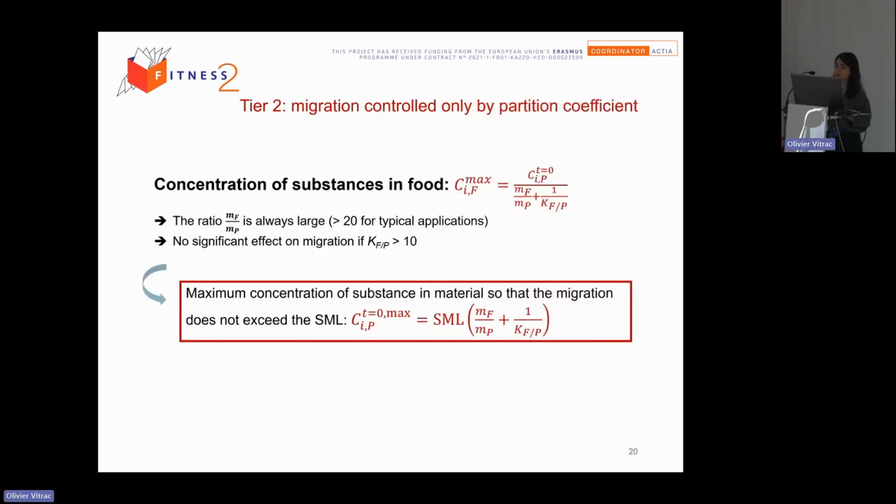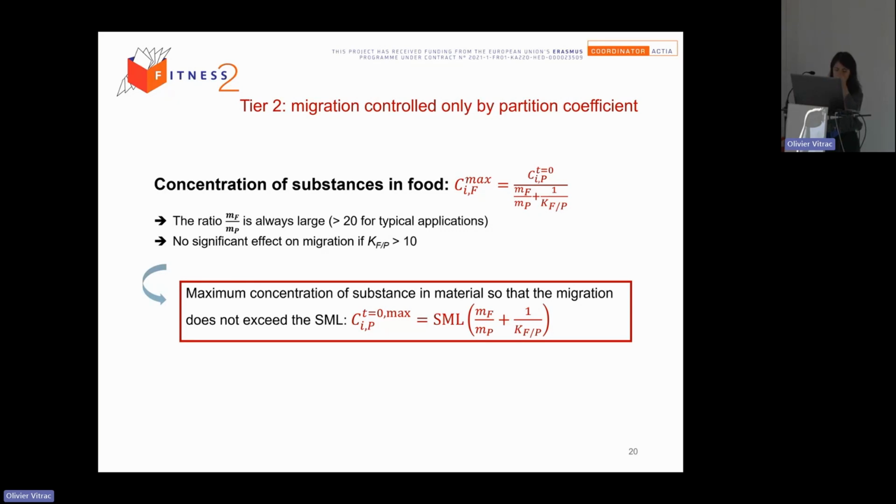And the second strategy is the migration controlled by partition coefficients, because as I said before, we cannot go further than thermodynamic equilibrium. So the equations are just a little modified.